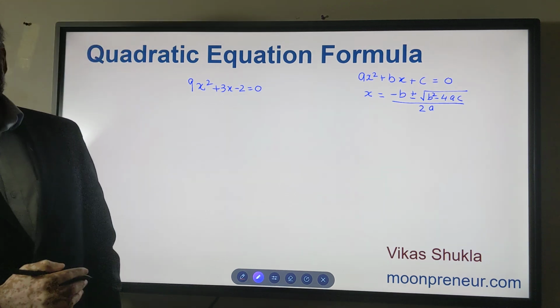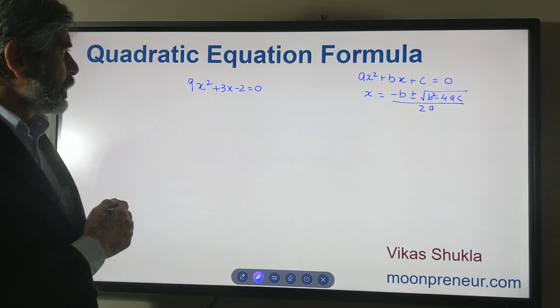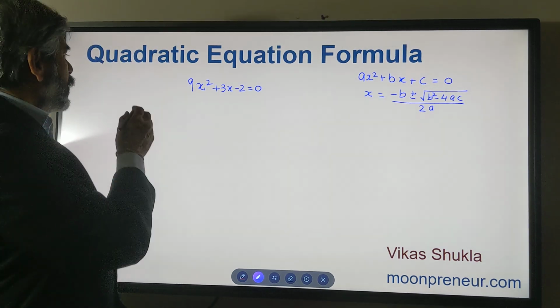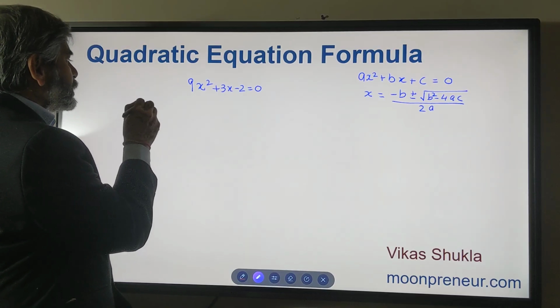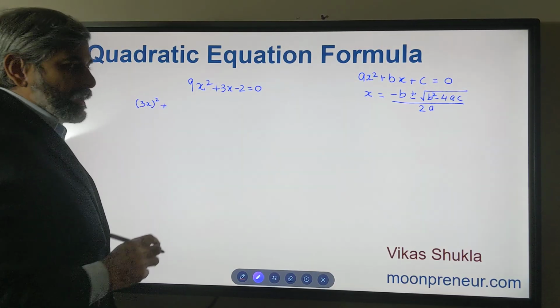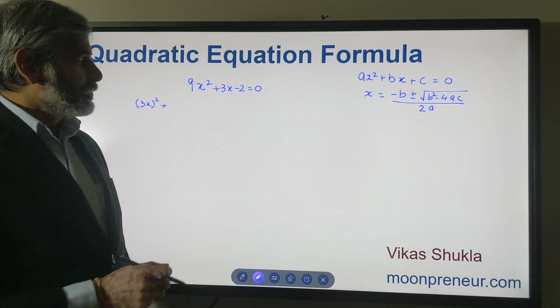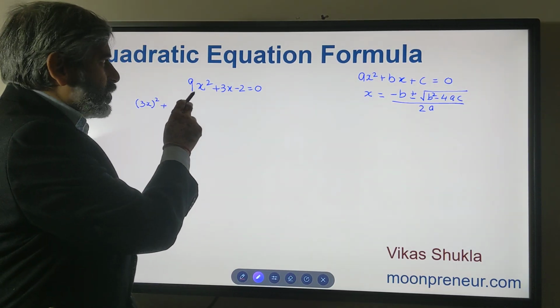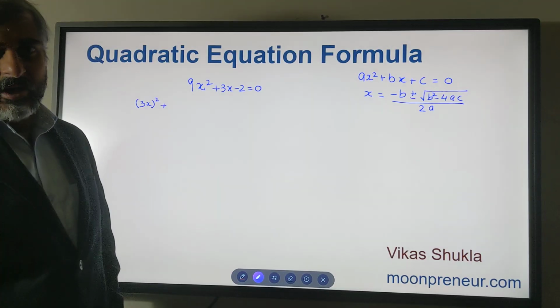We are trying to solve this equation, and how do we do that? I'll put 9x square as 3x whole squared, and then write it in terms of a square plus 2ab plus b square.